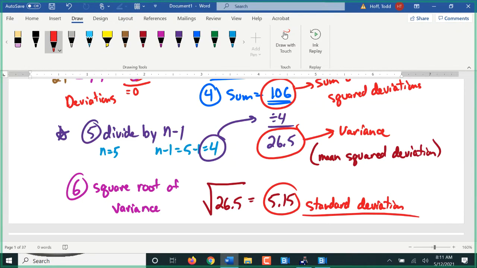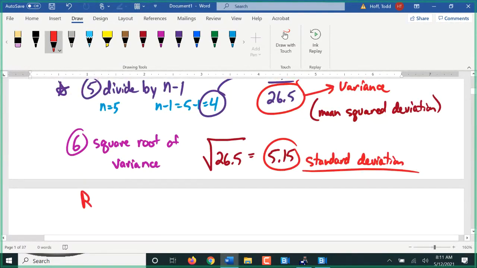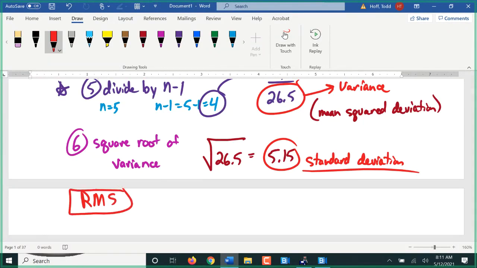Now, often you hear the term RMS. RMS really is part of this process. RMS deviation is the standard deviation. RMS stands for root of the mean of the squares.